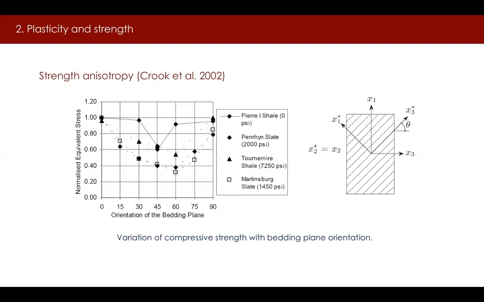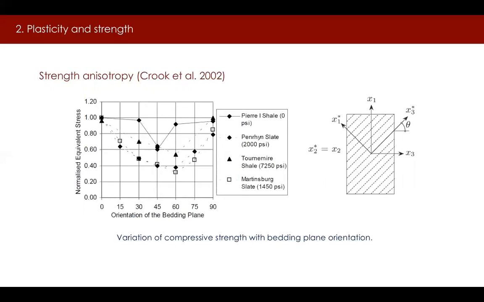A distinctive characteristic of transversely isotropic materials is their strength anisotropy. In general, their strength in the direction normal to bedding is not the same as their strength parallel to bedding. But more noteworthy is the lower strength exhibited by this material when the load is applied at an angle relative to bedding.